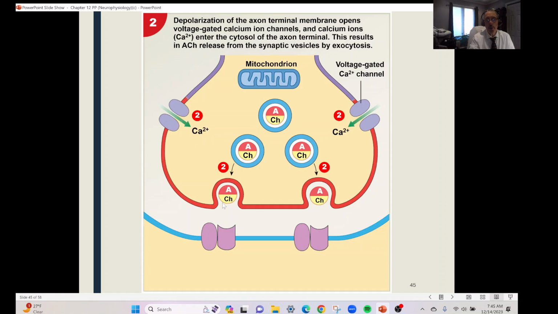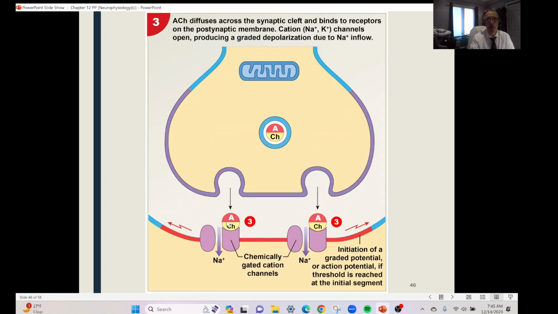Once the acetylcholine is released, it's going to diffuse across the synaptic cleft and bind to the receptor. So here we see the acetylcholine coming to the acetylcholine receptor, and that now opens a gated channel and sodium starts to move into the cell, and now we get a local current, as we talked about in previous lessons.